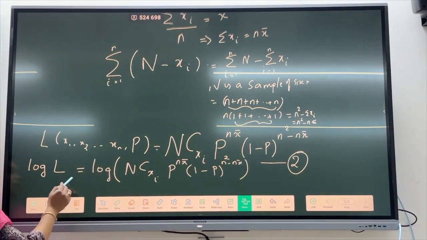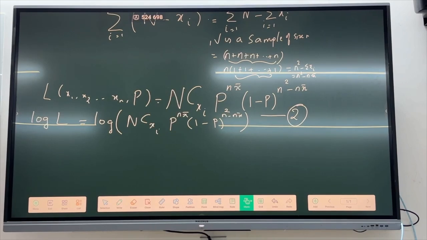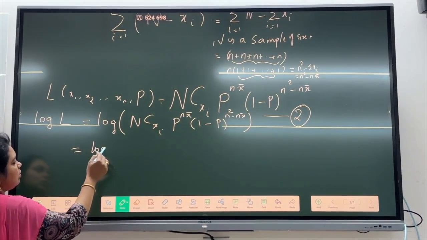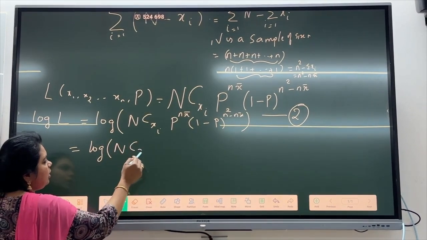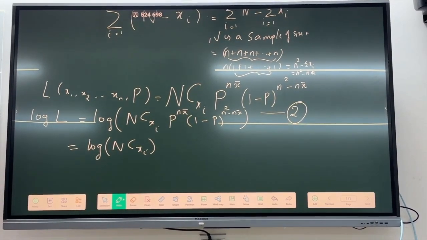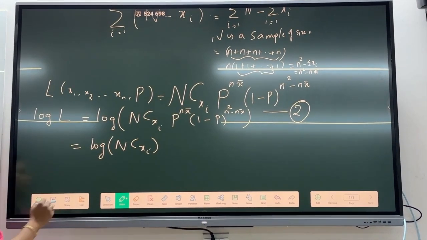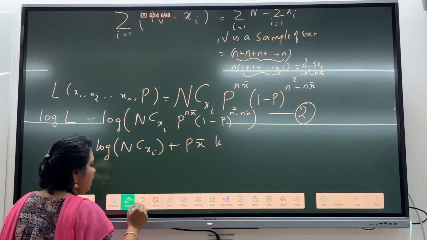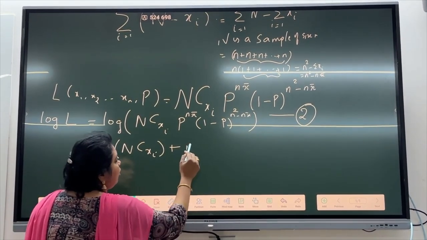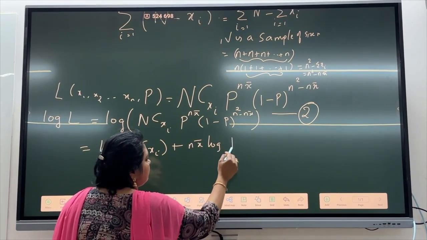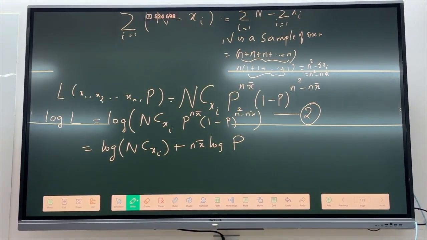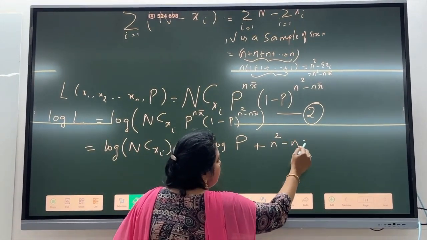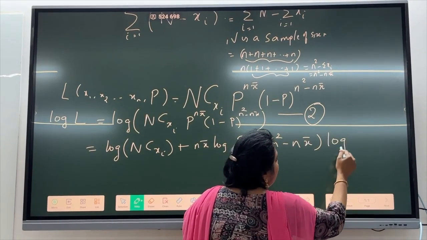Now individually we have to apply log, because this is under a product. So it will be log NC xi, plus n x bar log P, plus N square minus n x bar log of 1 minus P.